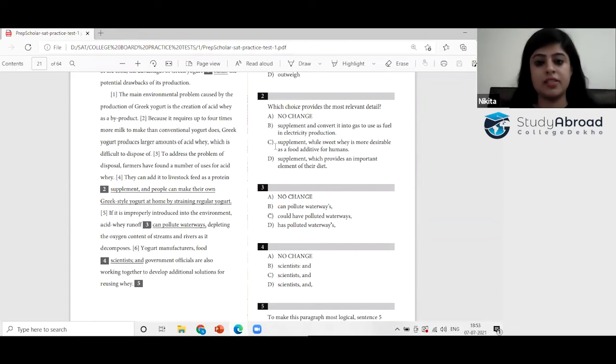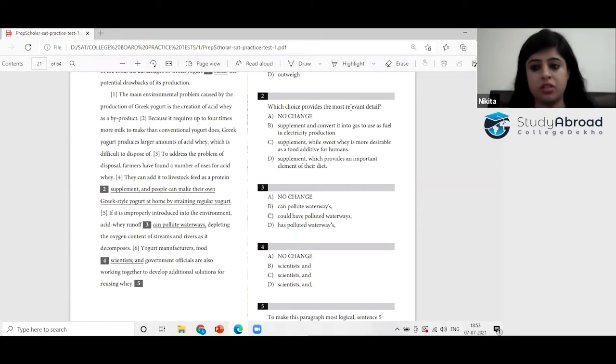Let's see the third option, that is C. While sweet whey is more desirable as a food additive for humans. Again, this is some general information, but it is not a use. D says which provides an important element for their diet. This information is true, it is providing an important element of the diet, but again, it is not as per the context.